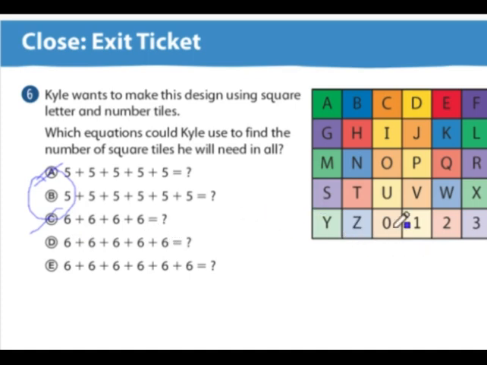Here's a group of 6, and a group of 6, 2, 3 groups of 6, 4 groups of 6, and 5 groups of 6 on that top row. I think D is looking pretty good here. 1, 2, 3, 4, 5, 6. Uh-oh, they must have confused rows and columns maybe. That one can't be right. That would be too many.